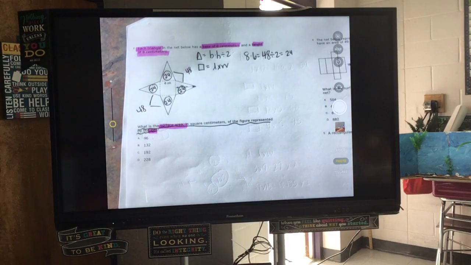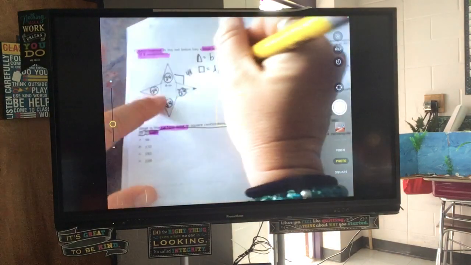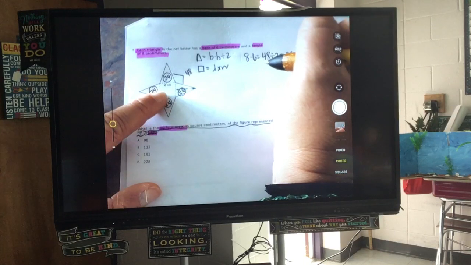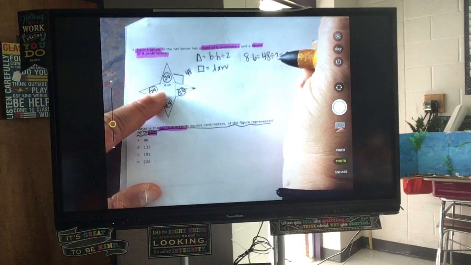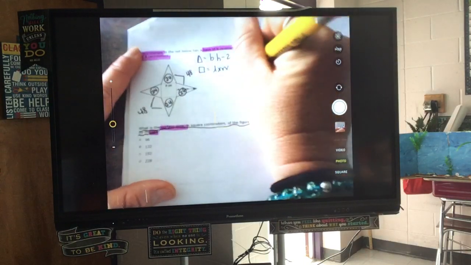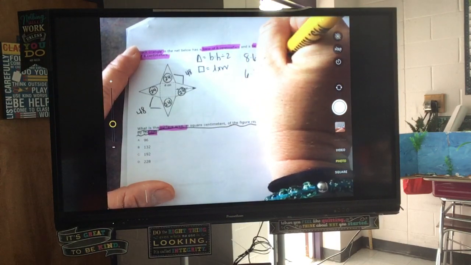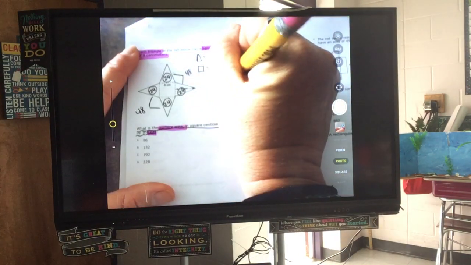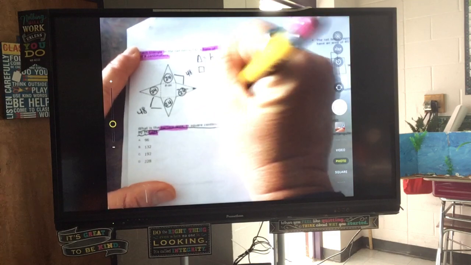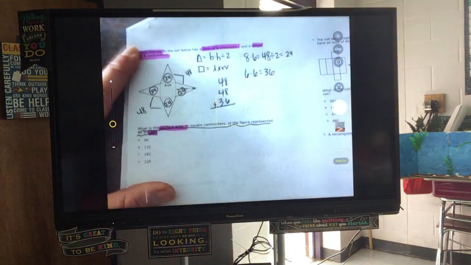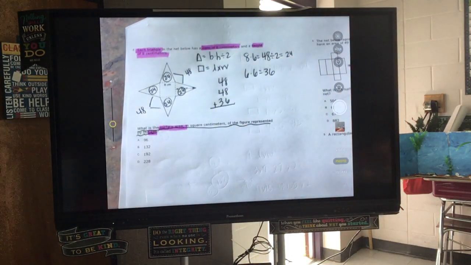Okay, and then what are our numbers for our square? Elizabeth: 6 and 6. So we're going to do 6 times 6 equals 36. So altogether you're doing 48, 48, 36. Please stand up when you have your answer.